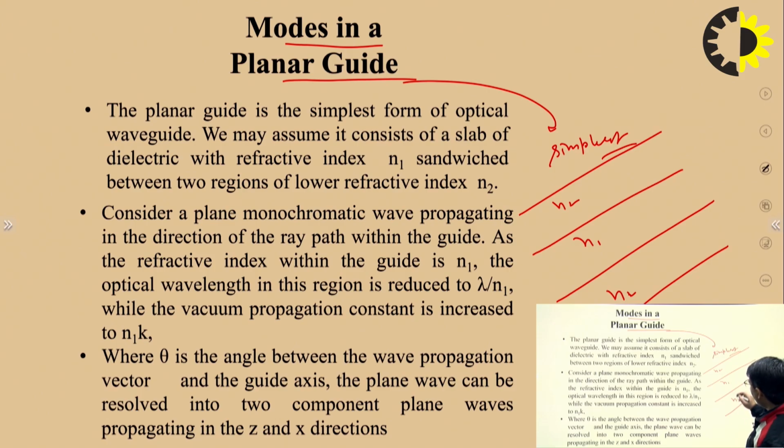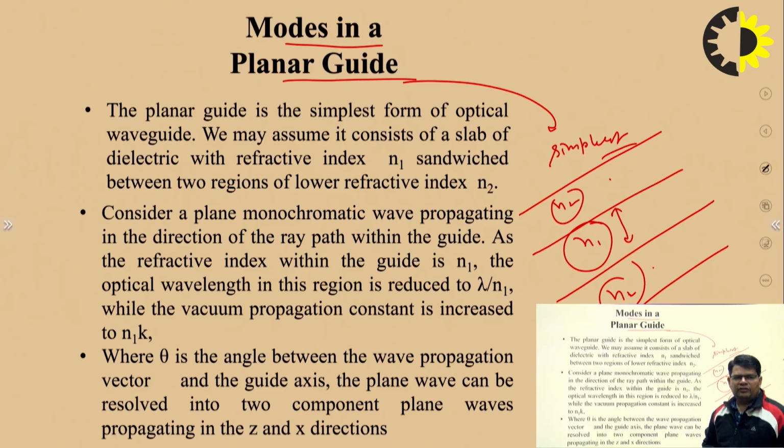Okay, so we have an inner layer n1 that is sandwiched between the two layers of lower refractive index n2, where n1 is greater than n2. This type of waveguide structure is known as the planar guide.